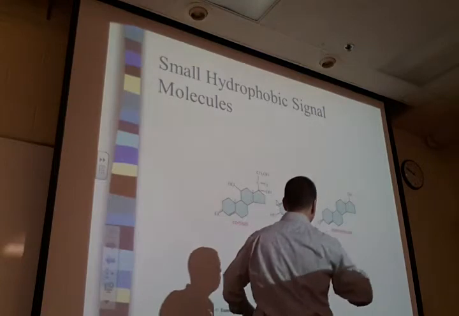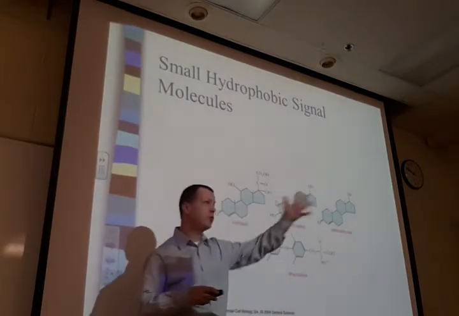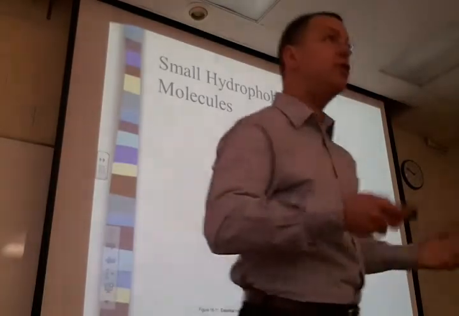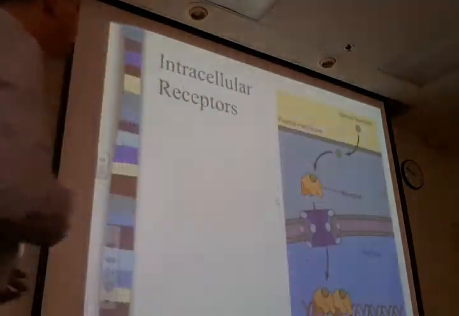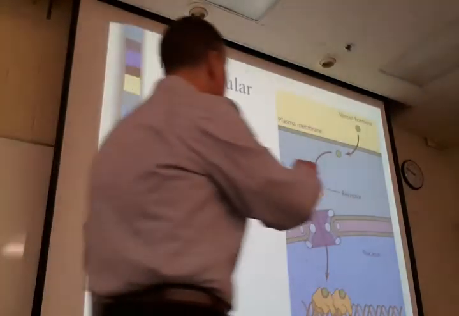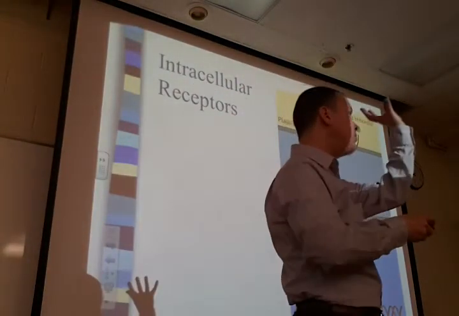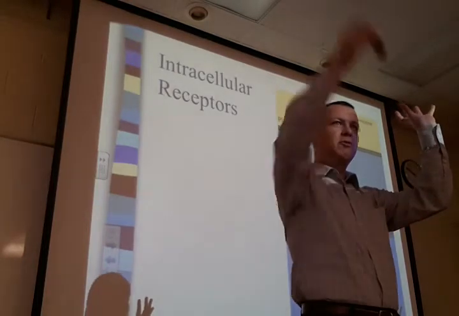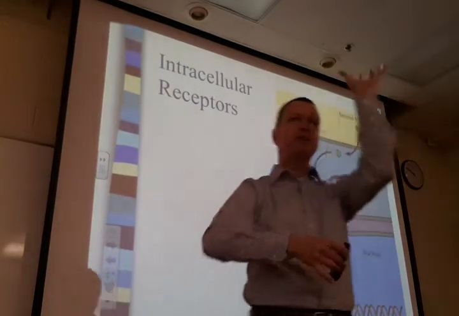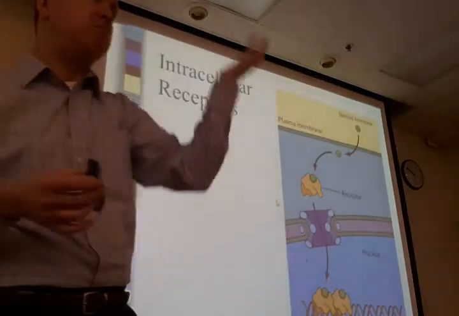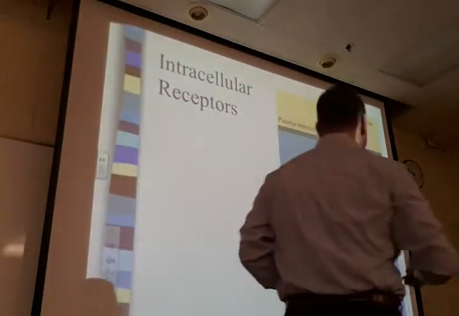These are lipids, right? So these should be able to cross the membrane of the target cell, and they do. So very often the receptors for these steroid hormones are usually not stuck in the membrane, because the signal can go across the membrane to the inside of the cell. So having the receptor stuck in the membrane wouldn't do any good in that situation.